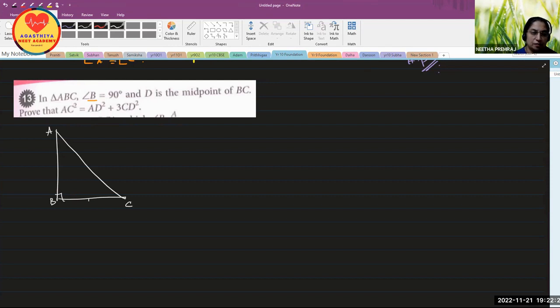D is a midpoint, so these two measures are equal. BD is equal to CD. And you have to prove that AC square is equal to AD square plus 3 CD square.